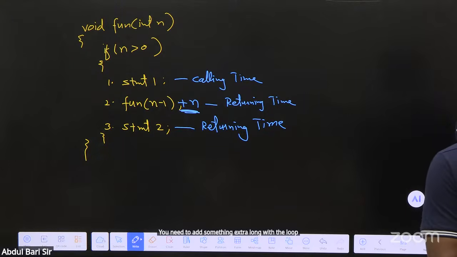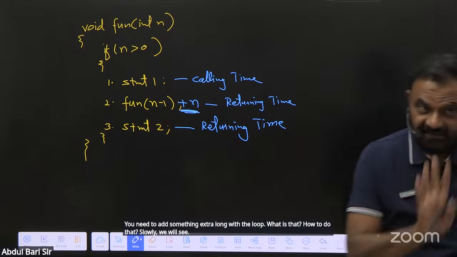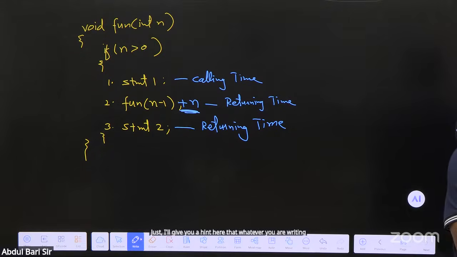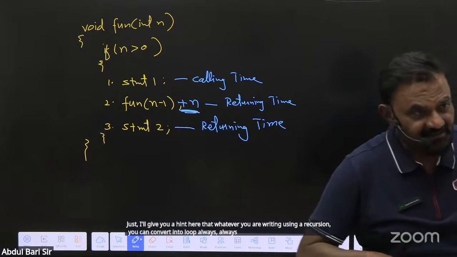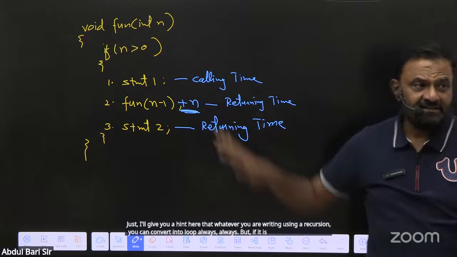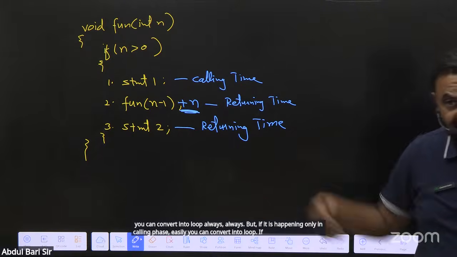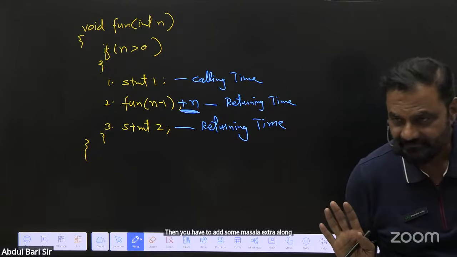Slowly we will see how to do that. Just a hint here: whatever you write using recursion, you can always convert into a loop. If it is happening only in the calling phase, you can easily convert it into a loop. If it is happening at returning phase, then you have to add some masala extra along with the loop.